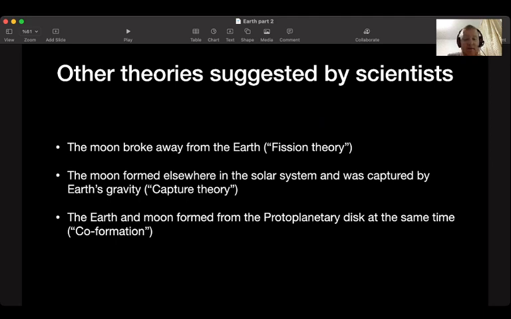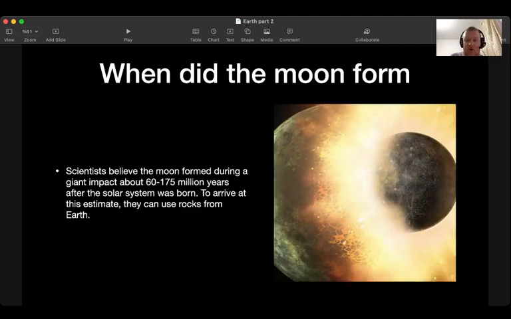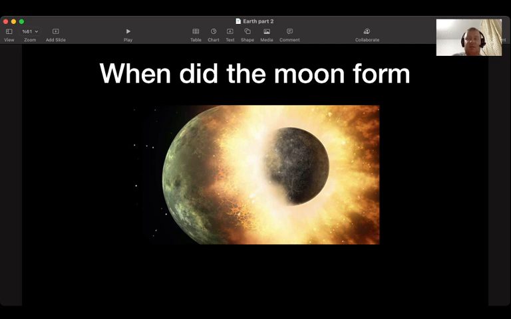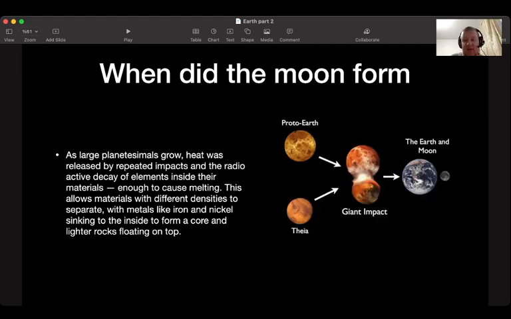But the best theory so far is the one where Theia, the other planet-like object, crashed into the Earth at the early stages, roughly 60 to 175 million years after the birth of the solar system, and it created the Moon after that.